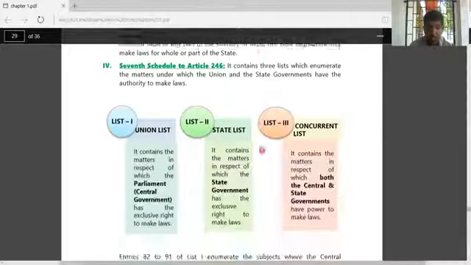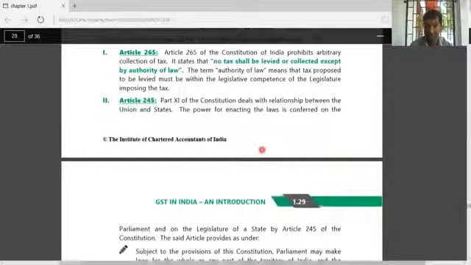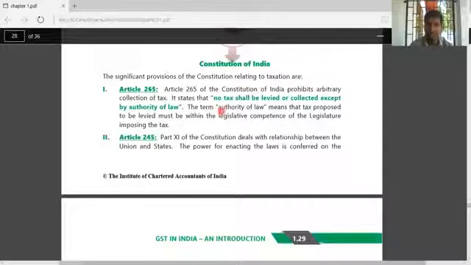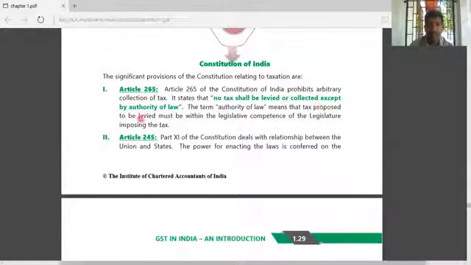What is Article 265? Article 265 says that no tax should be levied except by authority of law. Only if there is a law permitting collection of tax should tax be levied or collected. So Article 265 restricts people from collecting tax arbitrarily. They should collect tax only if it is permitted by law.